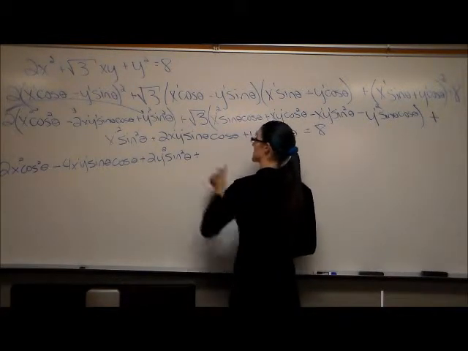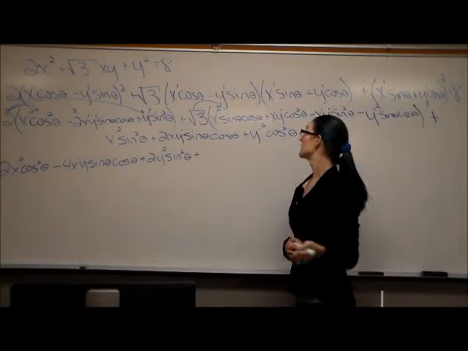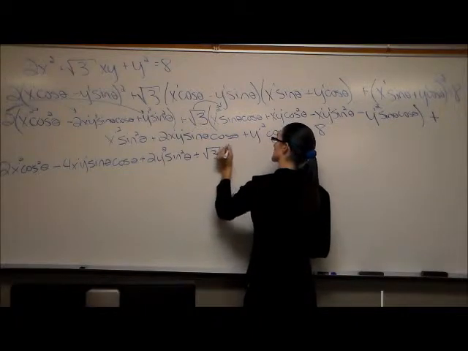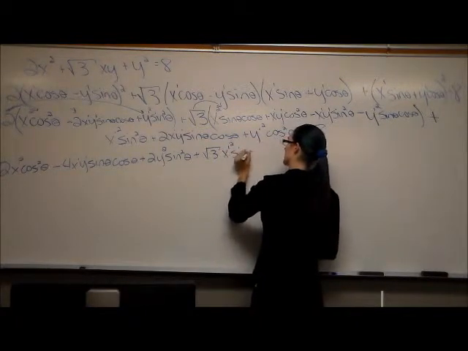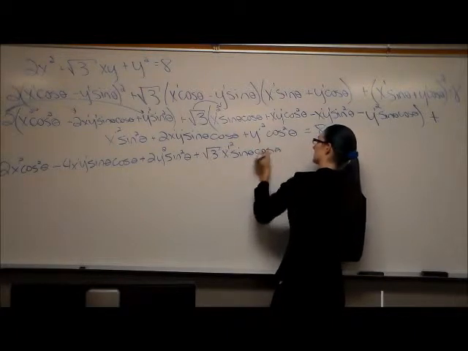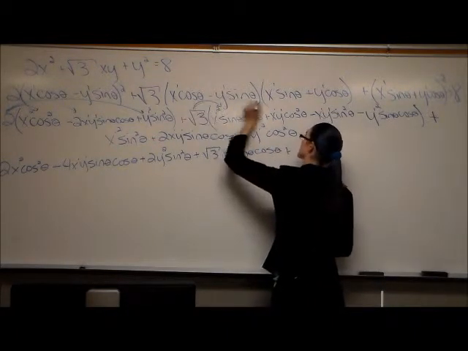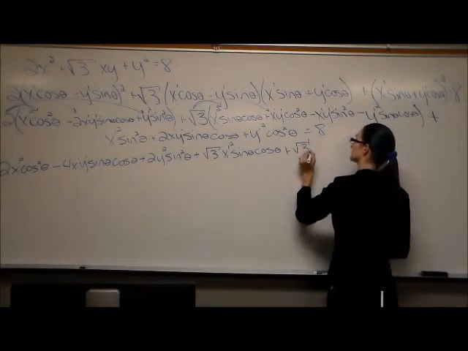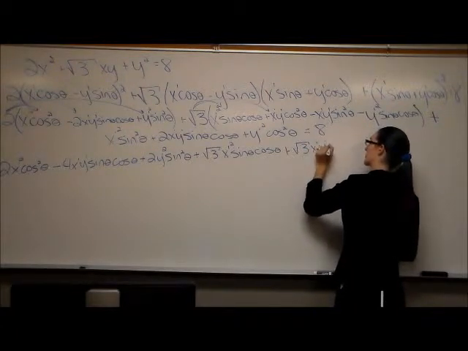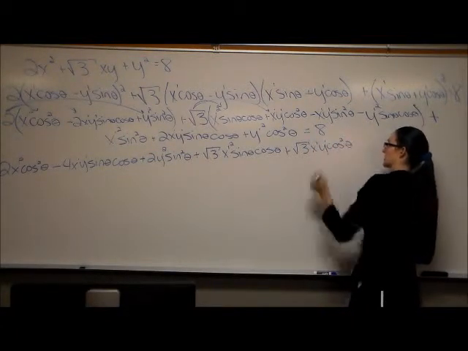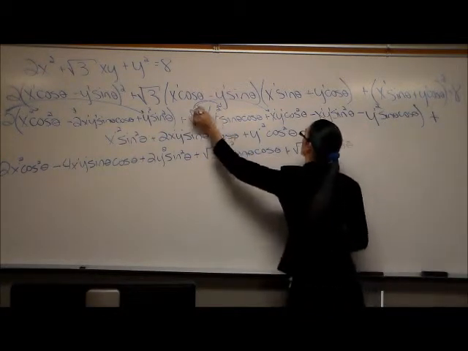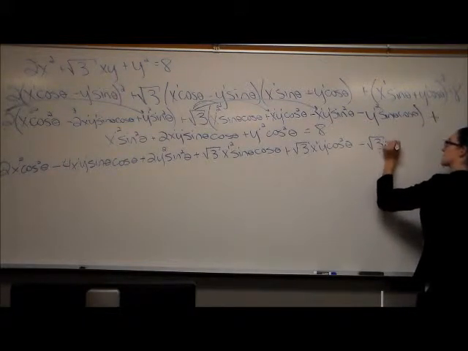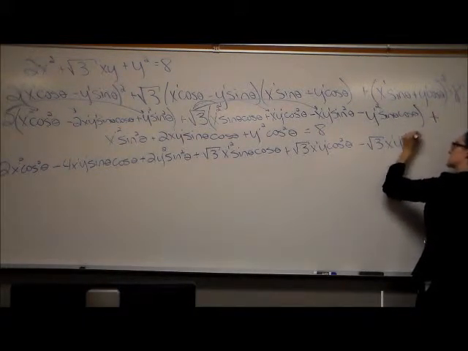Plus, we need to distribute the root 3. So we will have square root of 3 x prime squared sine of theta cosine of theta plus, distributing the root 3, x prime y prime cosine squared of theta minus square root of 3 x prime y prime sine squared of theta.